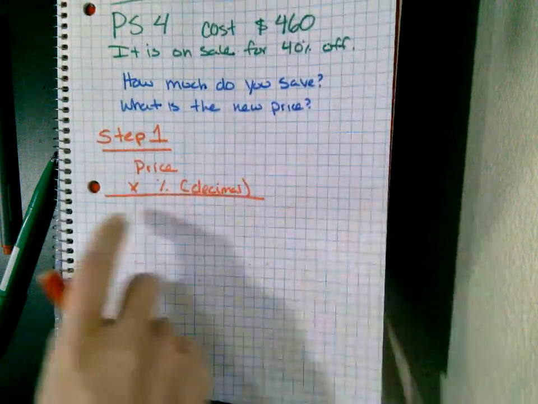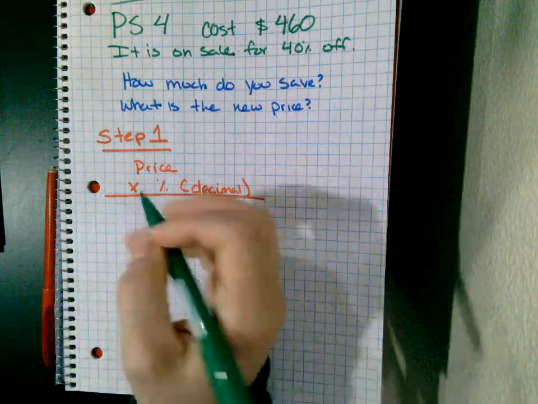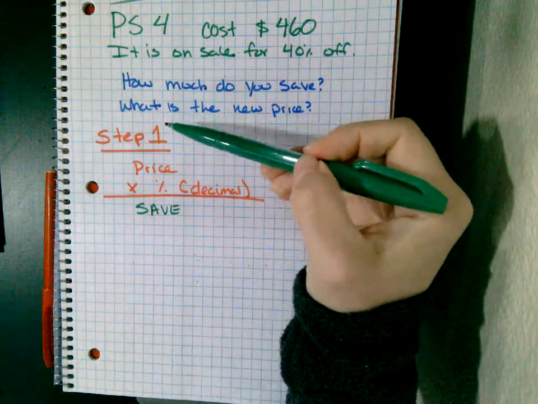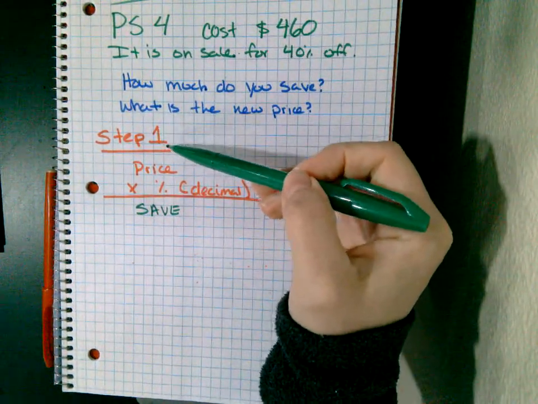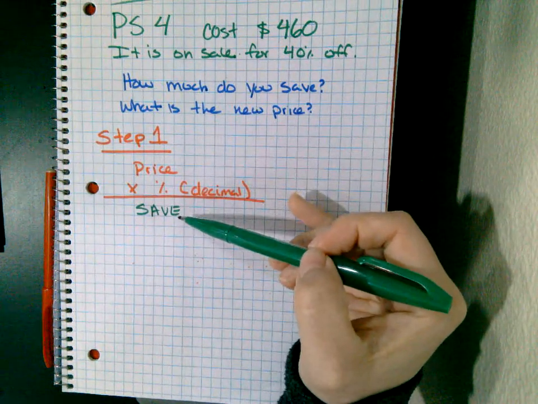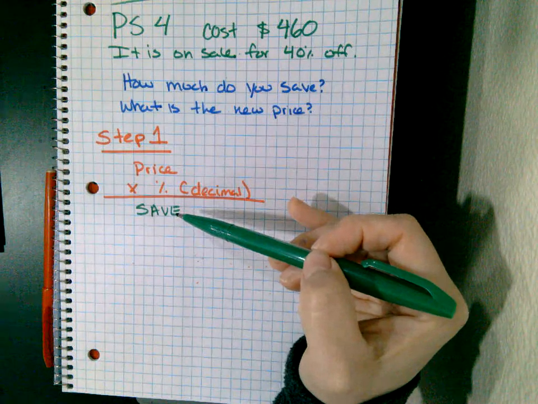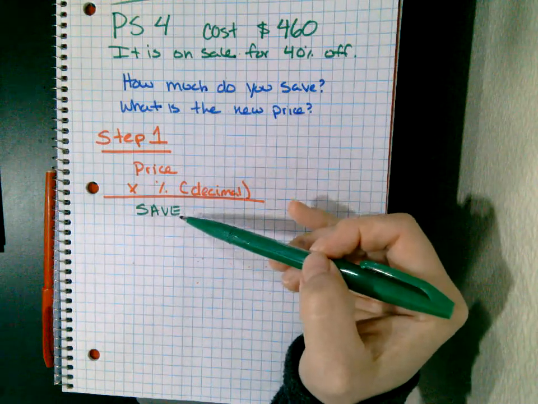When you do that, that will equal how much you will save. So the answer to your first step is how much you save. Do I save $100? Do I save $5? Do I save $1,000?